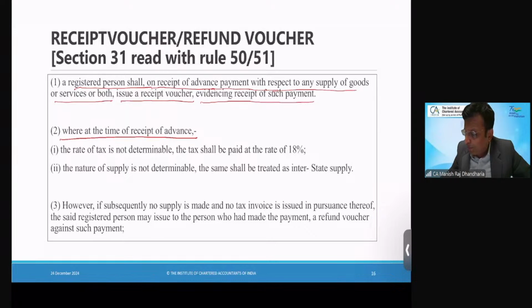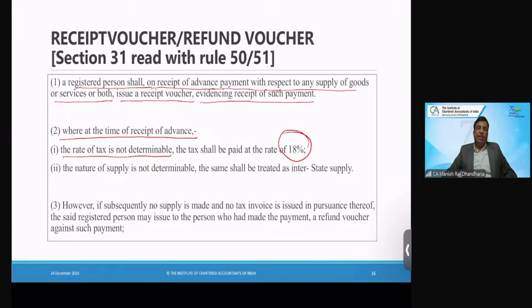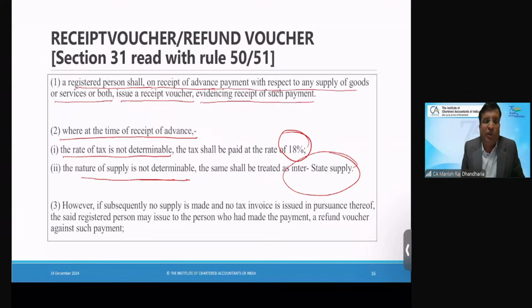Where at the time of receipt of advance, rate of tax is not determinable, रेट ऑफ टैक्स नहीं मालूम, कोई बात नहीं, you have to take 18%. Nature of supply not determinable, कोई बात नहीं, you have to treat interstate supply. आपको उसे इंटरस्टेट सप्लाई ट्रीट करना. You have to assume it to be interstate. Okay.